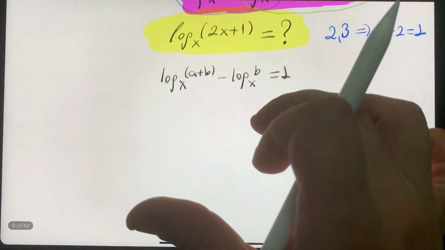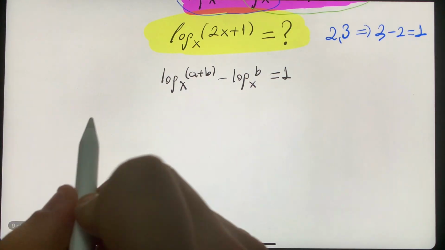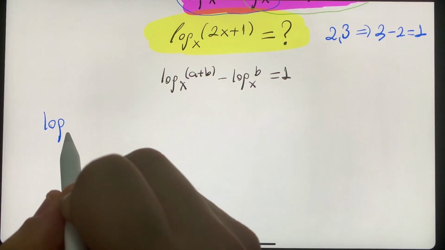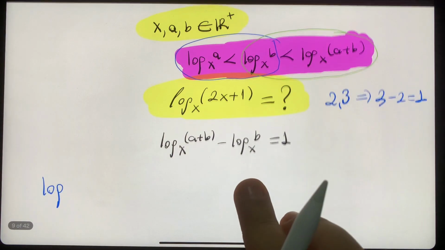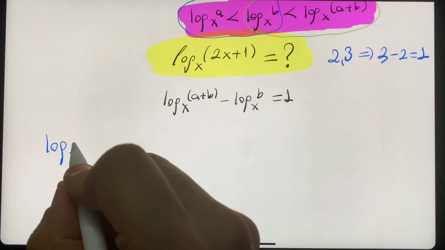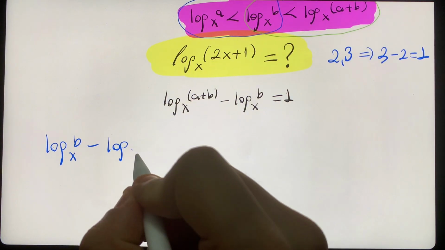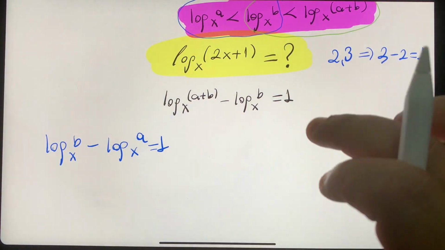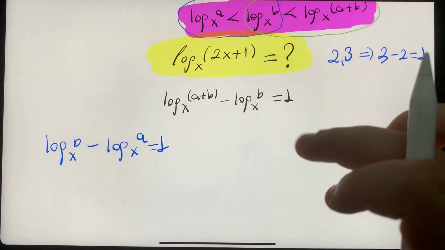In the same way, logarithm base x of b minus logarithm base x of a is equal to 1. Now I'm going to try to get something from these two equations.